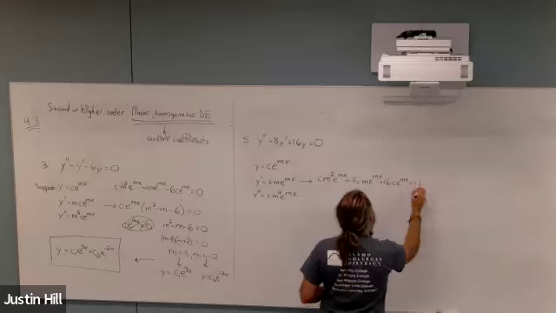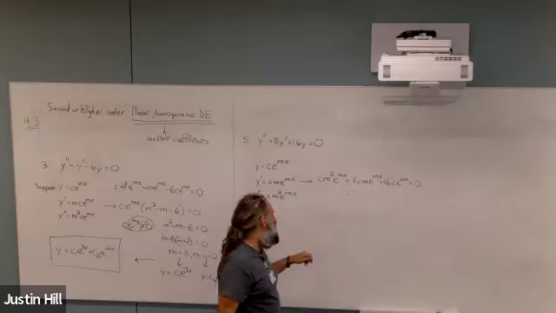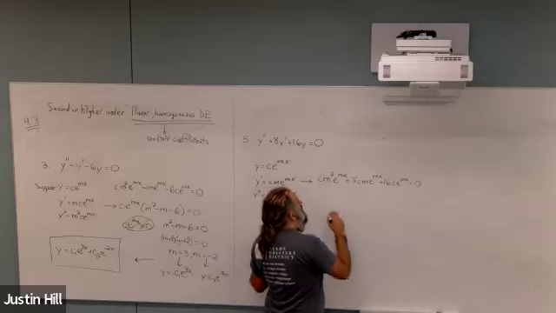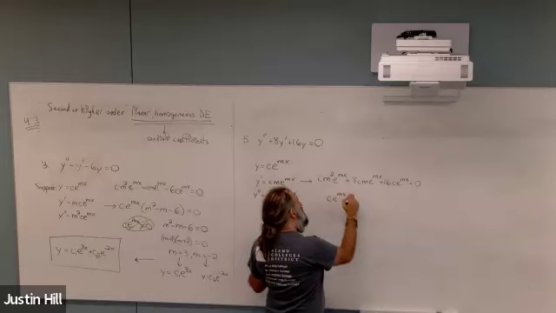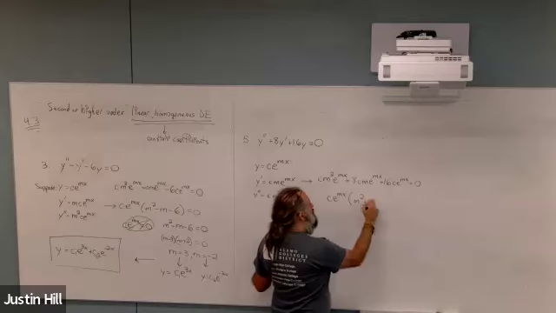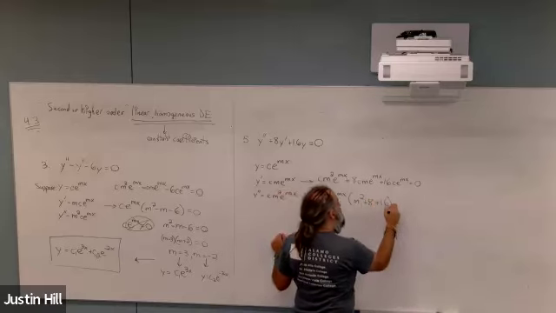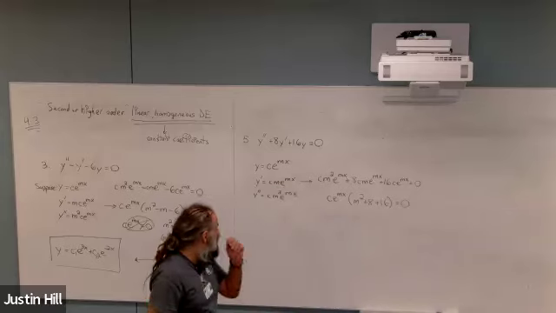All of that equals 0. So now I need to solve this equation. I can start by factoring out a common factor, c e to the mx. That'll leave me with m squared plus 8m plus 16 in parentheses. And I need to set these equal to 0 and solve.